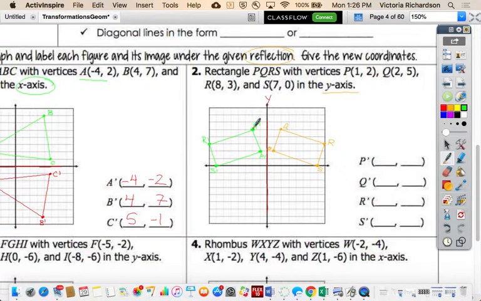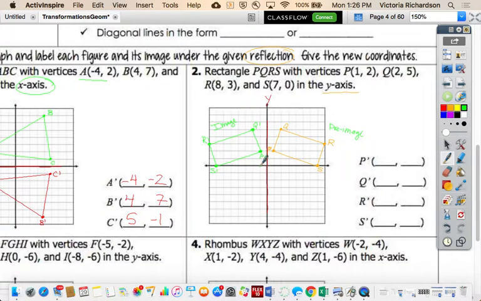And now I have, this is my pre-image, and this is my reflected image. Now I need to find the ordered pairs for the image. So P prime, I'm going to start at the origin.